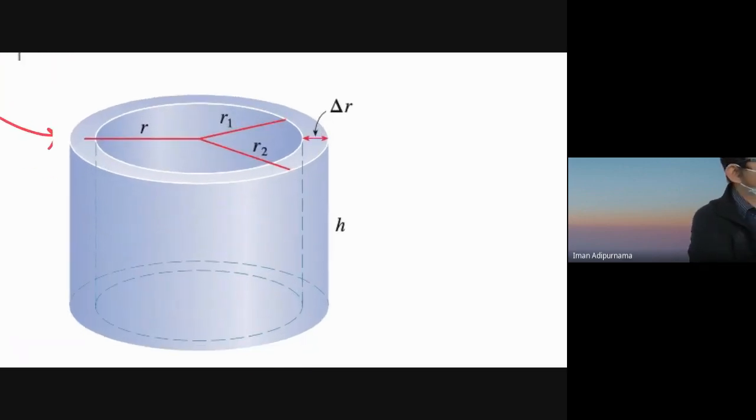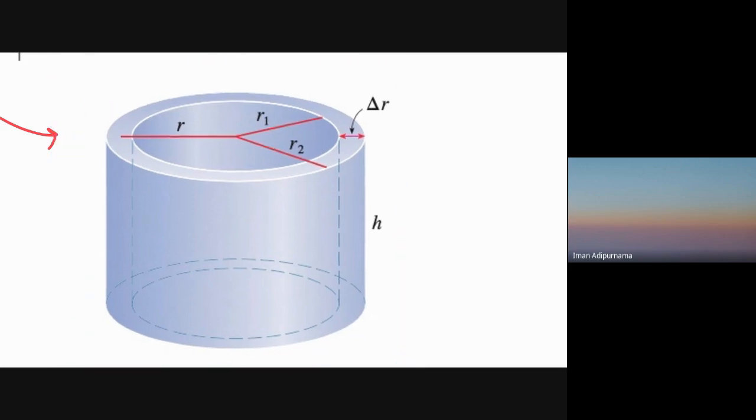It has a thickness. Let's call the thickness delta R. The outside radius is R2. The inside radius is R1. And this R on the left is the average R, in between R1 and R2, so it's on this middle distance. And it has the height h.